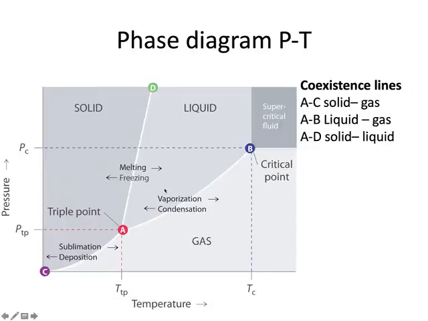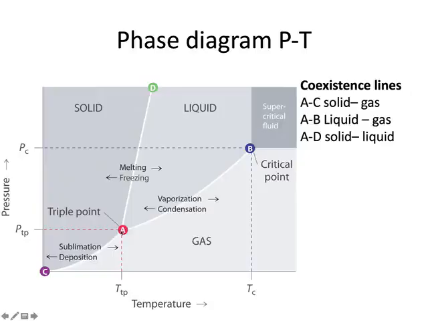Now, of these four points, A, B, C, and D, there are two that are really specific points. Well, C is absolute zero, but it's not really an attainable state. But this point where the solid-liquid line and the gas-liquid coexistence line meet is a specific point.